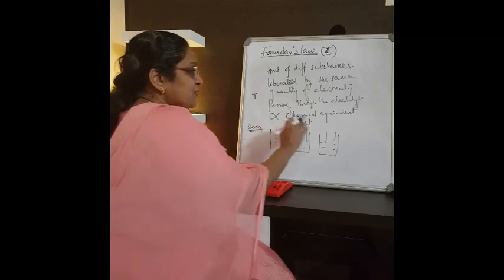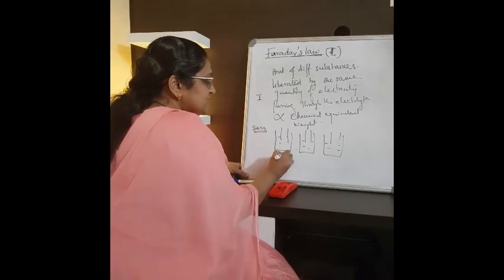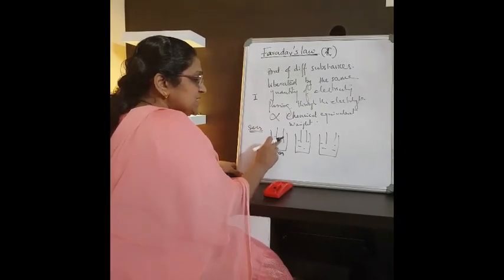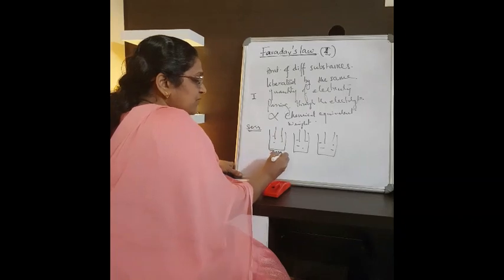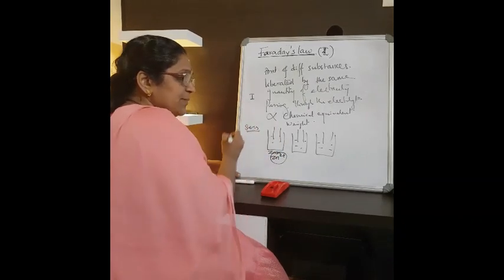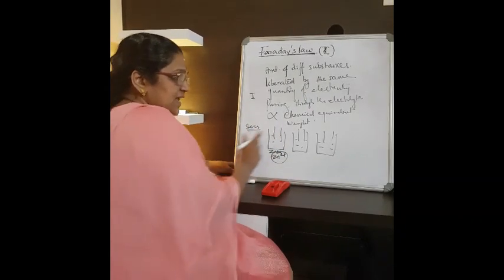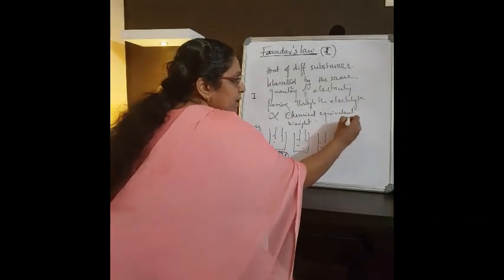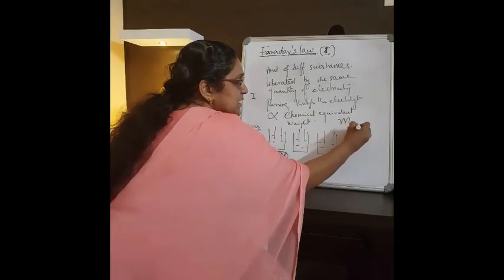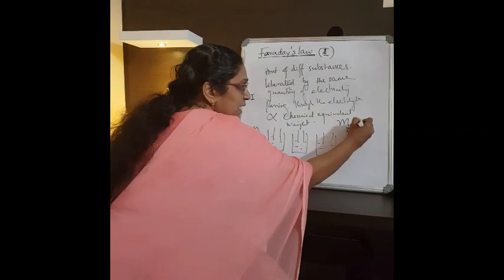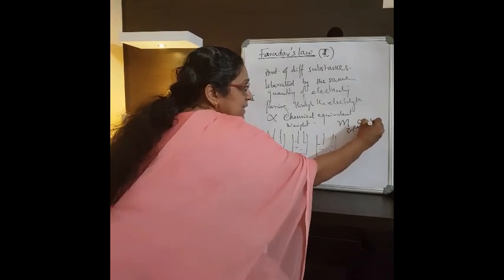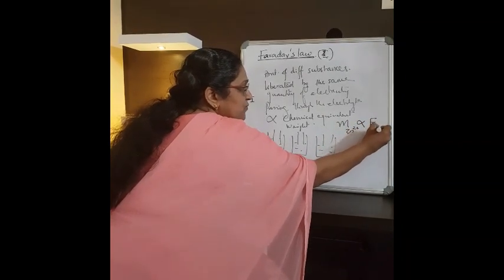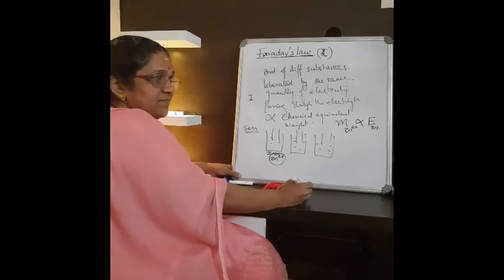Which means, for example, in this case, if it is zinc sulfate, now what is getting deposited? For example, if I say Zn2+ ion is getting deposited, I can say mathematically the mass of Zn2+ deposited is proportional to the chemical equivalent of zinc ion, isn't it?